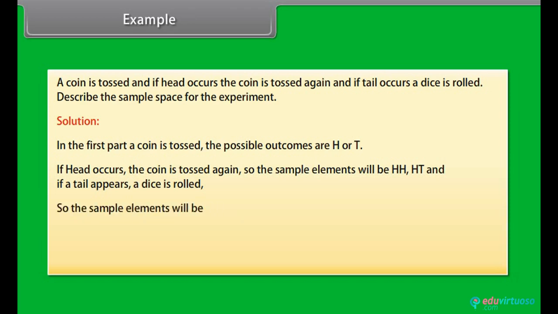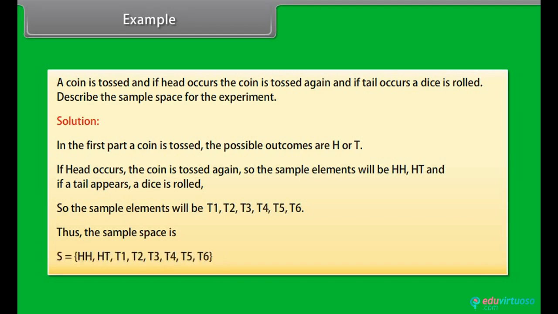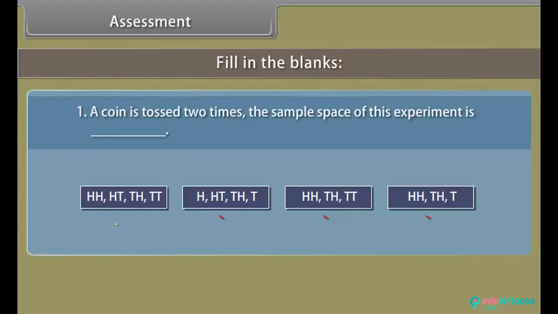So the sample elements will be T1, T2, T3, T4, T5, T6. Thus, the sample space S is equal to {HH, HT, T1, T2, T3, T4, T5, T6}.